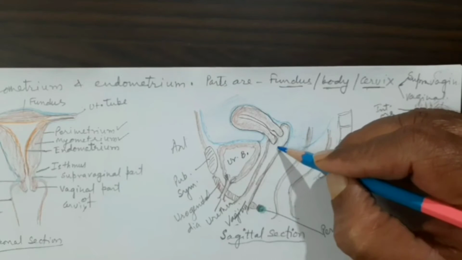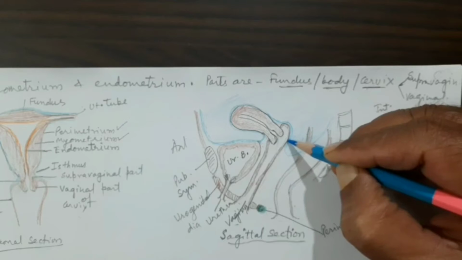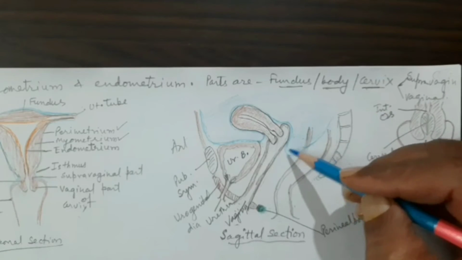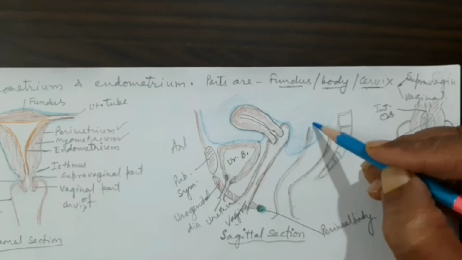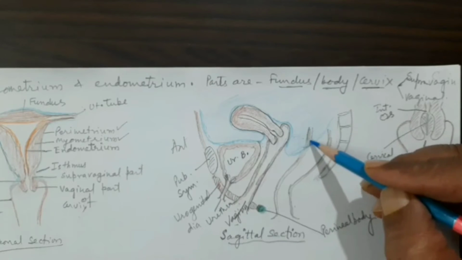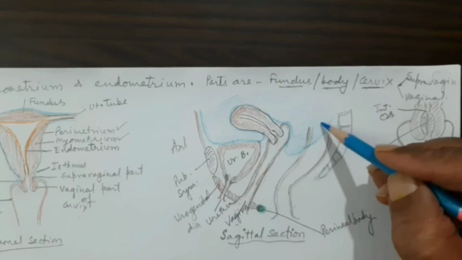It covers the posterior surface of the vagina for some distance, and then reflects onto the anterior surface of the rectum. Then it covers the whole anterior surface of the upper part of the rectum, then the sides of the rectum.